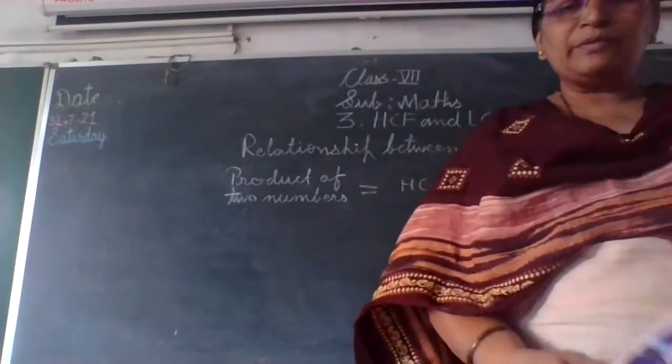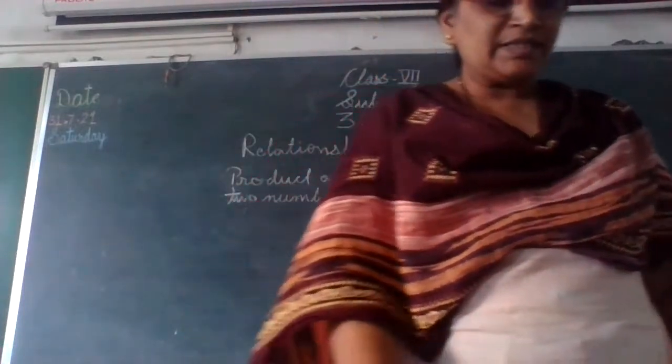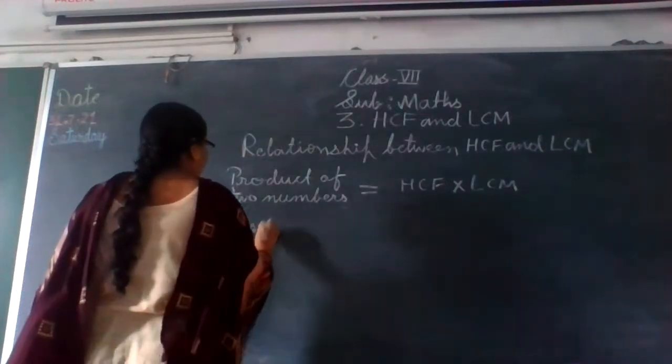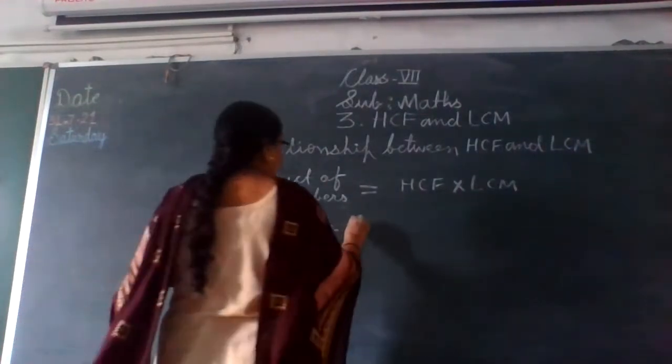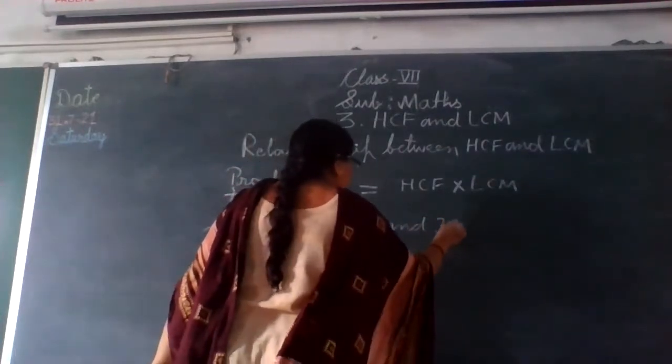So let's see one example, beta. Consider the numbers 24 and 36.